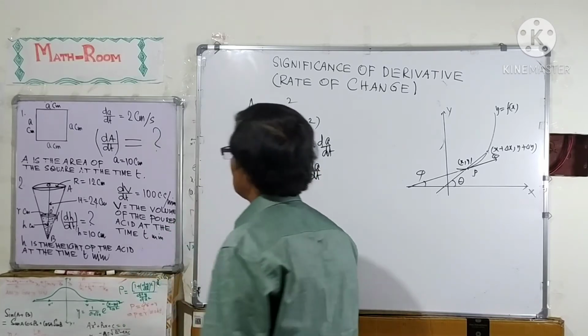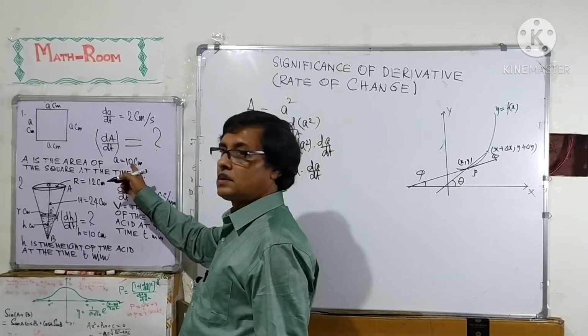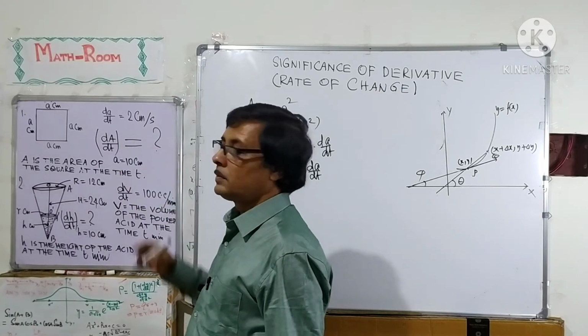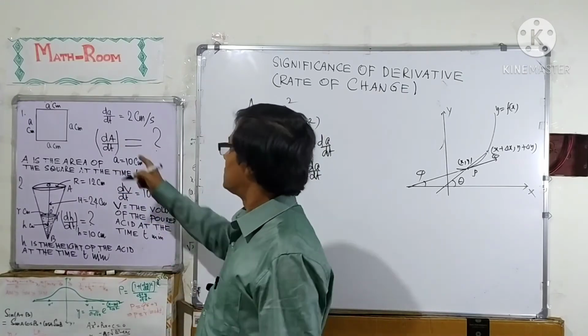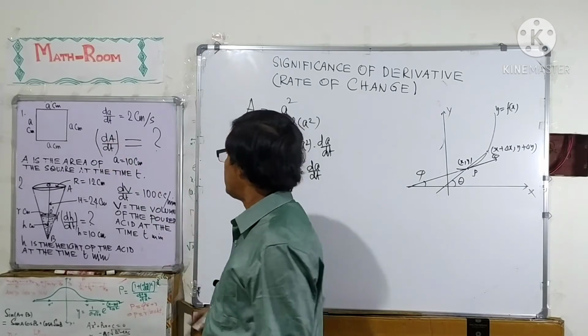Here the value of a is given as 10 centimeter. When a is 10 centimeter, we have to find the value of the rate of change of the area with respect to time t.